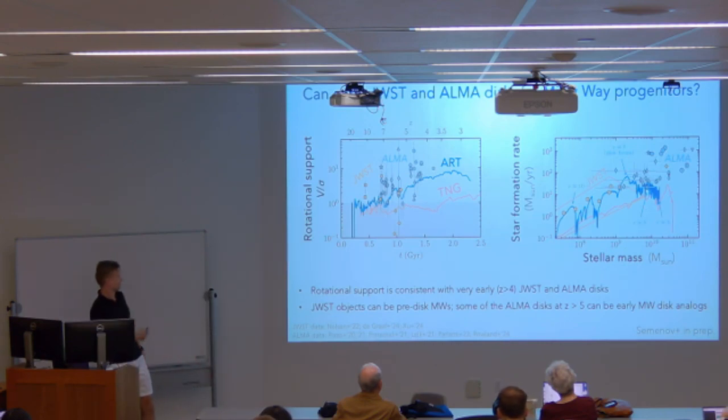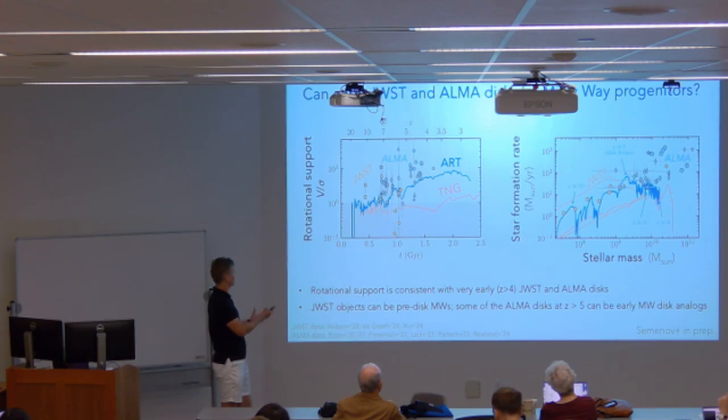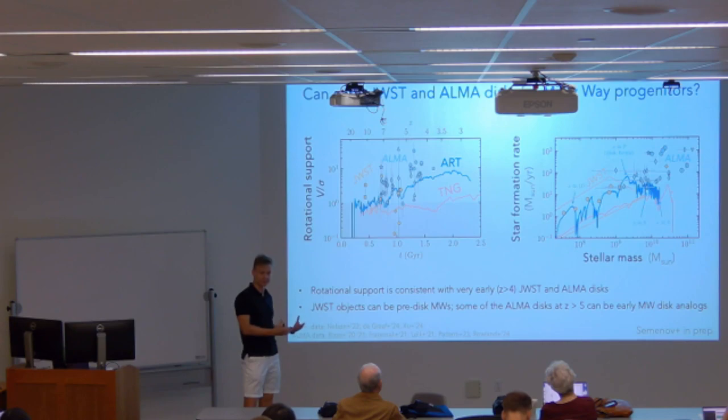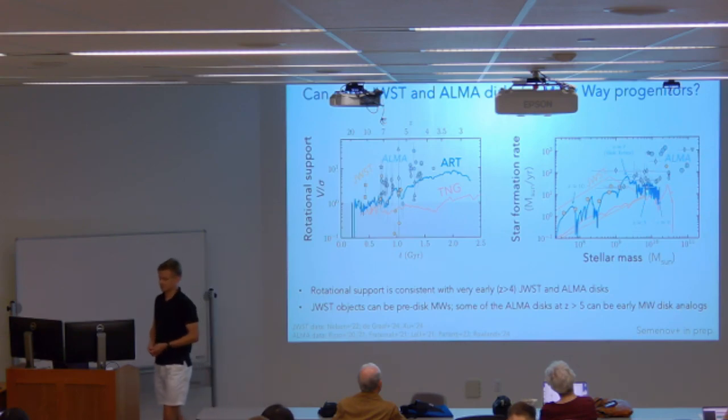So now, having the simulations, we can go and see how the ISM and star forming properties on local scales of star forming regions are different from typical star forming galaxies at redshift 0.